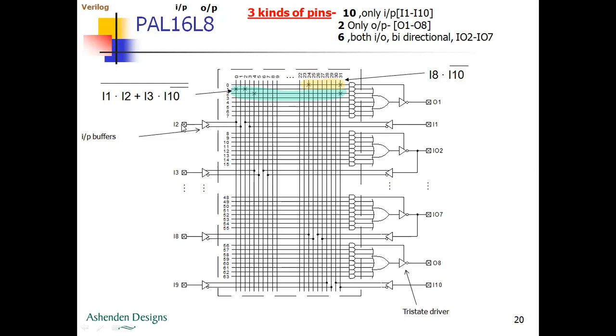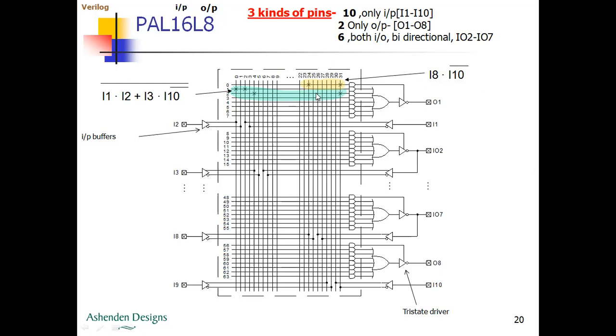Now coming to these horizontal lines. What you're seeing here from 0 to 63 is a total of 64 horizontal lines. These horizontal lines represent the product terms. At the end of each horizontal line we have the use of an AND gate, which you can see here.